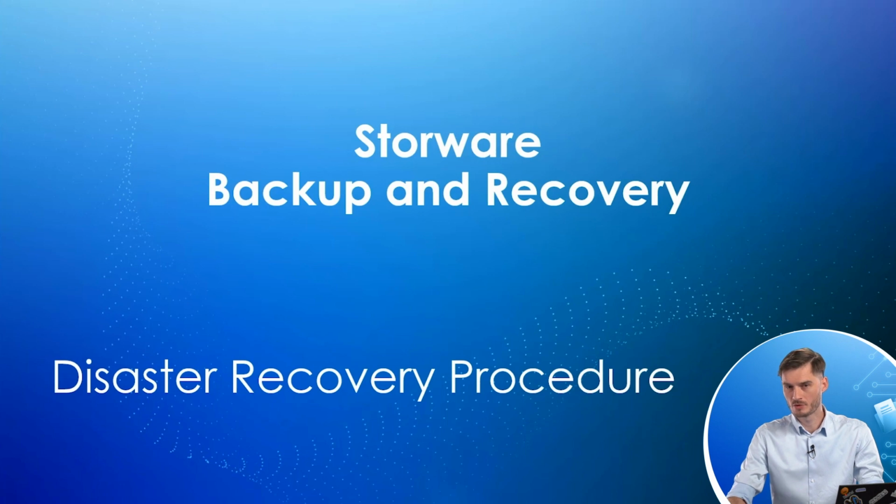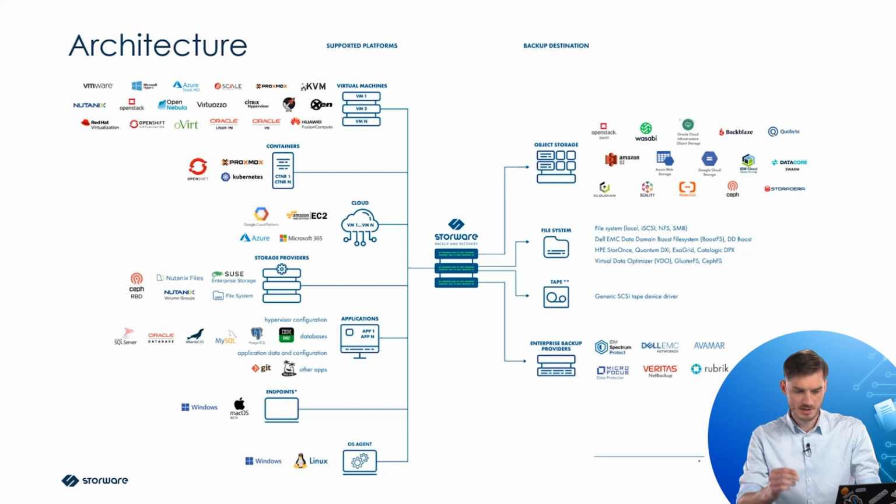Before we go forward with our simulation of disaster recovery, let's briefly look at our architecture and what Storware backup and recovery can do. Here you can see on the left side, of course, protected platforms divided into several sections, such as virtual machines, containers, cloud resources, storage providers, application, endpoint, and OS agent.